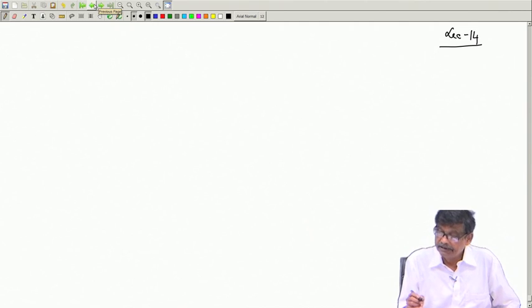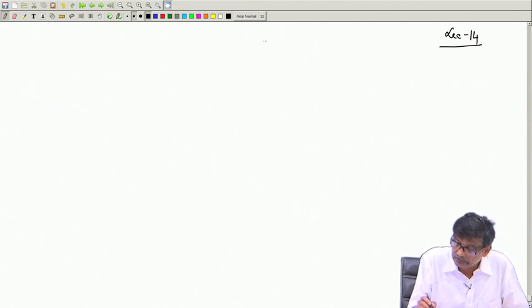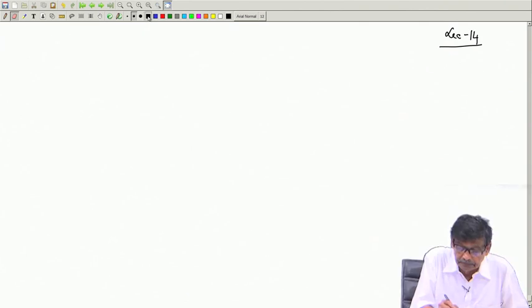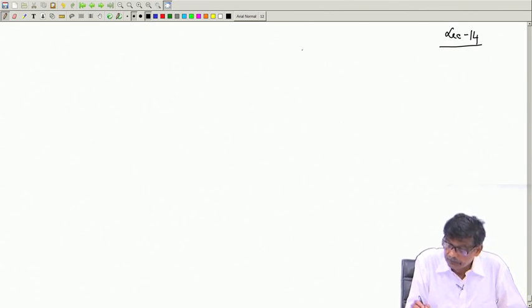Let me draw this curve once again, so that we understand what is going on. Let me start with this BH curve as usual. It will be like this.